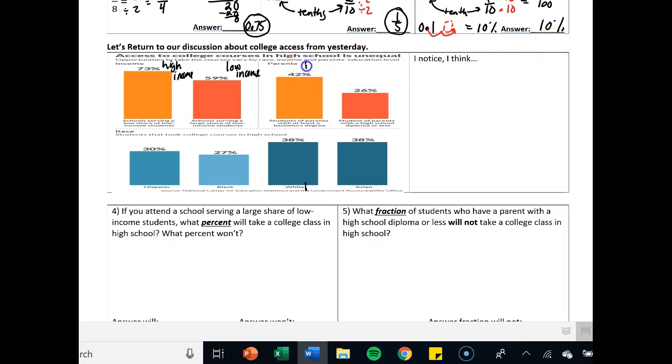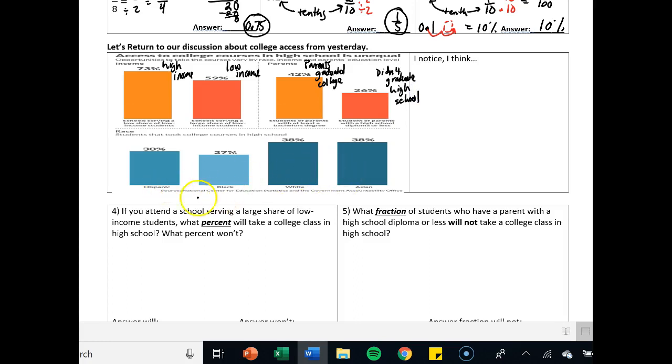Students whose parents graduated college, 42% are able to take AP classes. Students whose parents didn't graduate high school, only 26% are able to take AP classes.